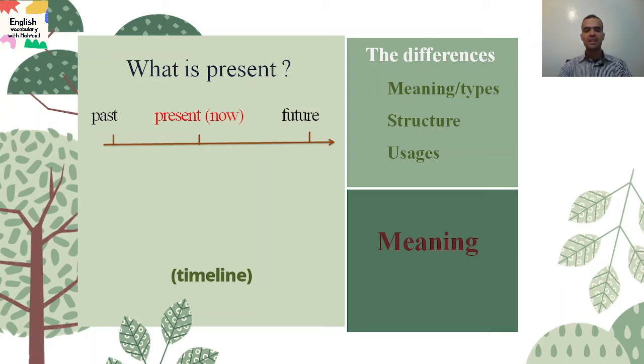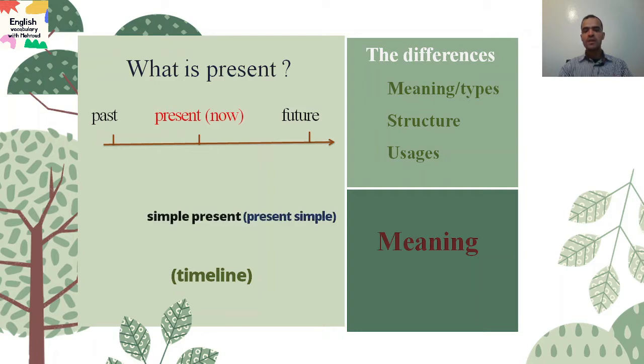And present is a period of time that represents now, and it's in the middle, of course. And what will happen is called future. So anything that happens or comes after the present is called future. I hope it's easier for you through this timeline.